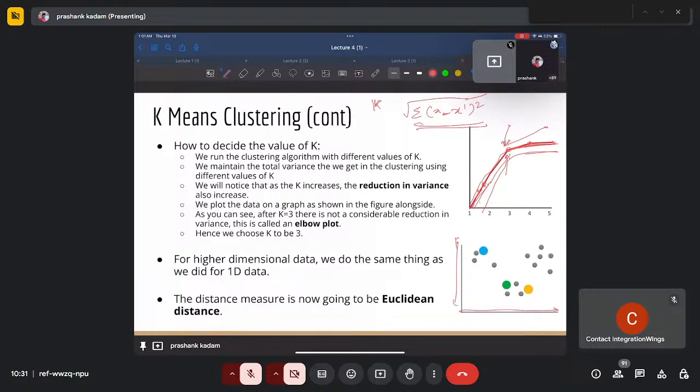This is what happens in unsupervised machine learning, and these two are the most commonly used techniques in unsupervised ML.